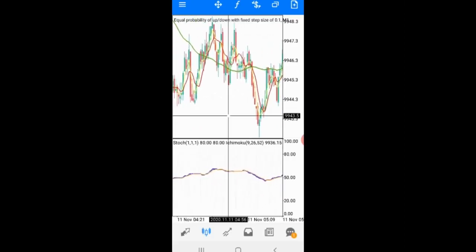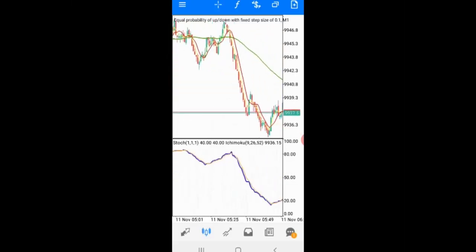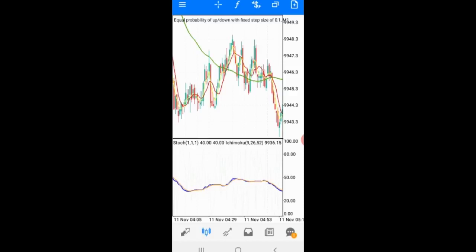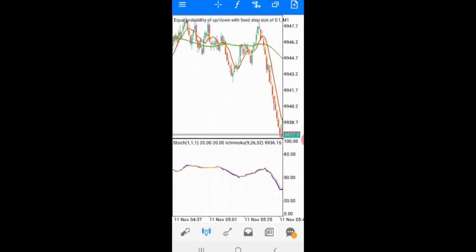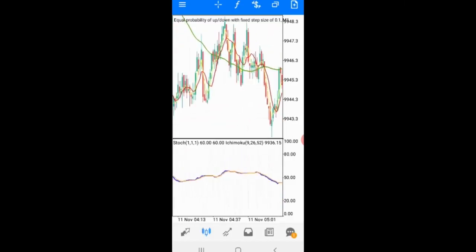Look, it's at 57, not at the oversold level. So it's better to wait. If you come into your trade and you find that it is like this, just wait. You are not in a hurry.